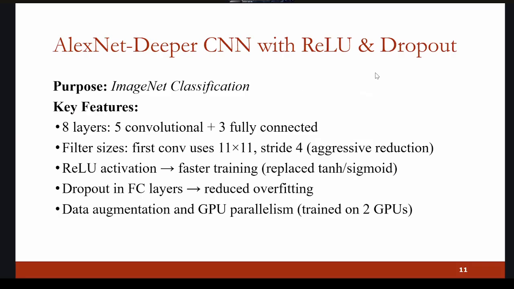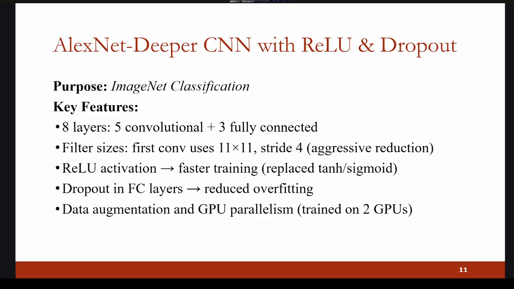Next comes AlexNet. AlexNet is a little deeper CNN architecture. Here they have used ReLU activation functions, and they have used dropout. The dropout concept was introduced at that time, and the ReLU activation function also was introduced at that time.